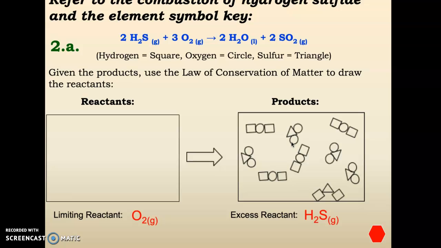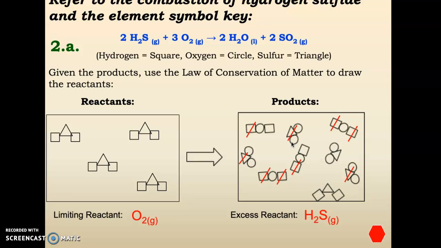Now I'm going to work backwards again, making as many reactants as possible. So I'm going to make an H2S, I'm going to cross out a triangle and two squares, I'm going to make another H2S, cross out a triangle and two squares, and keep going, and voila, all I have left is oxygen.